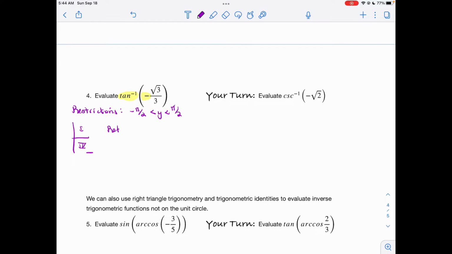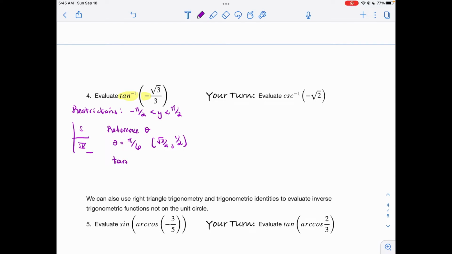So I've got to figure out my reference angle, theta. In quadrant 1, we've got to figure out which angle has a tangent of square root of 3 over 3. And if I think about that, I'm thinking theta is maybe pi over 6. Because we have the point square root of 3 over 2 and 1/2.